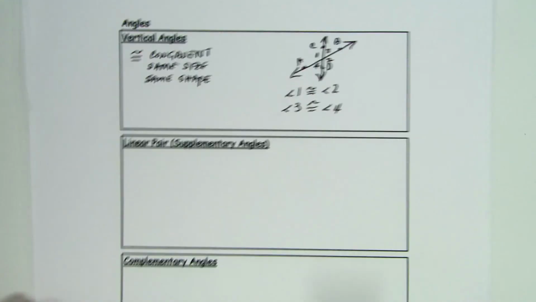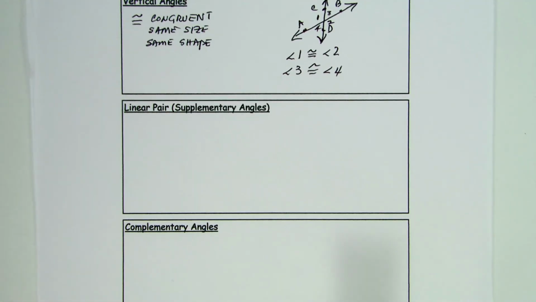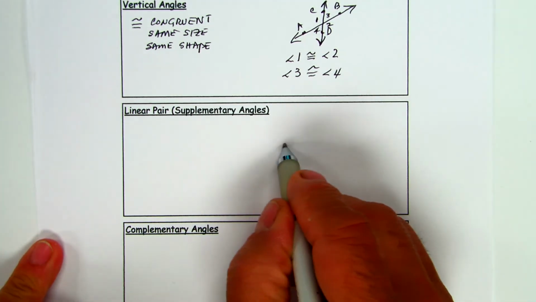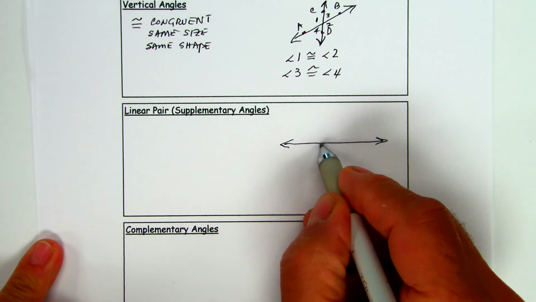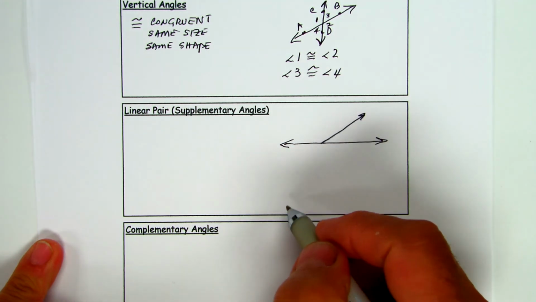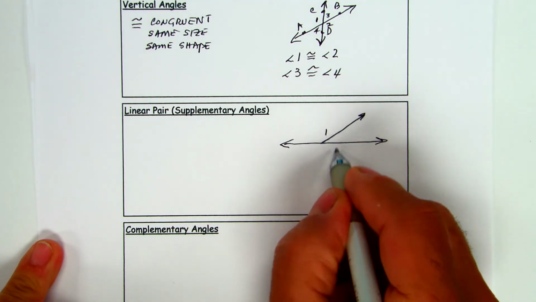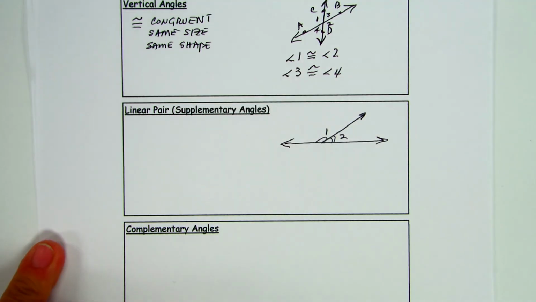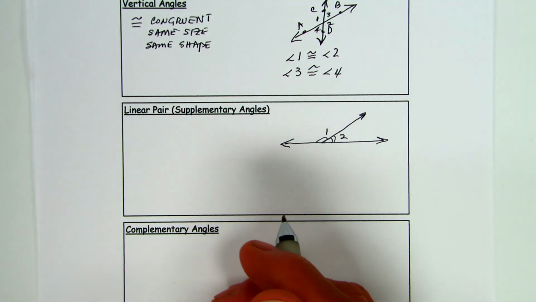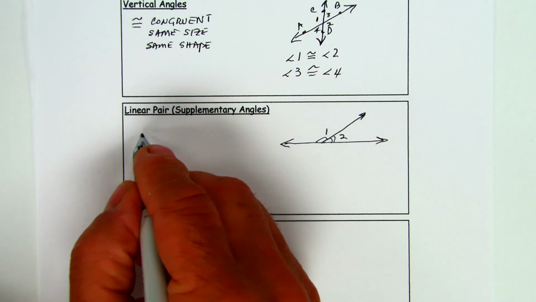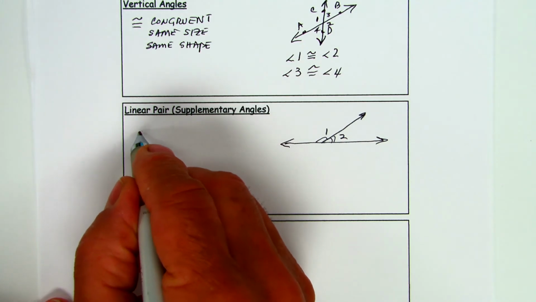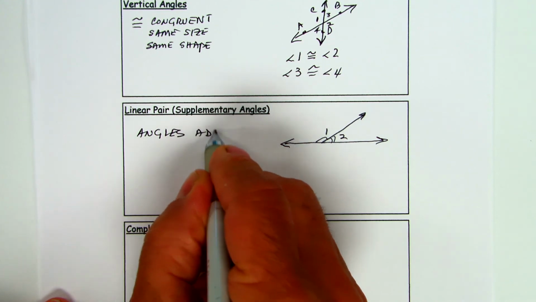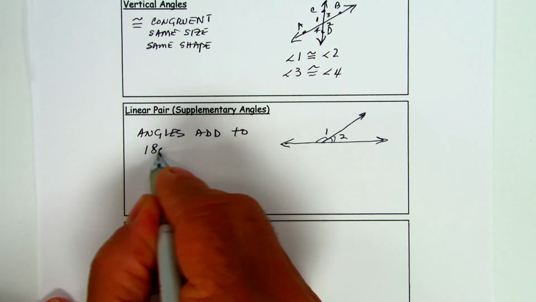Okay, so let's look at a linear pair. Now, in a linear pair, the angles are supplementary. So if we had something like this, and we had an angle here, and we had an angle here, angle 1 and angle 2, and they're supplementary, that means the angles add to 180 degrees.